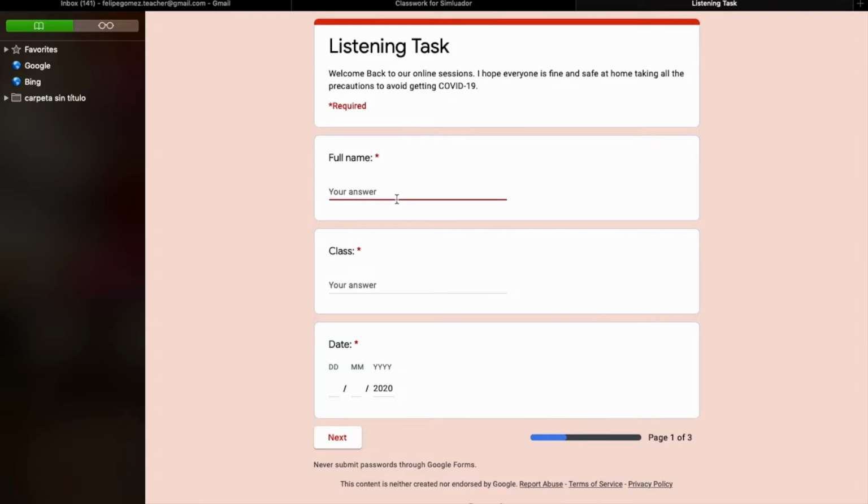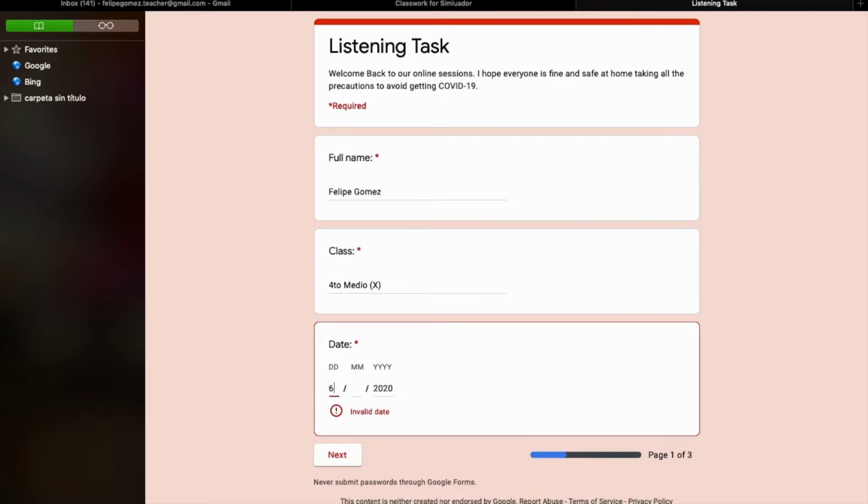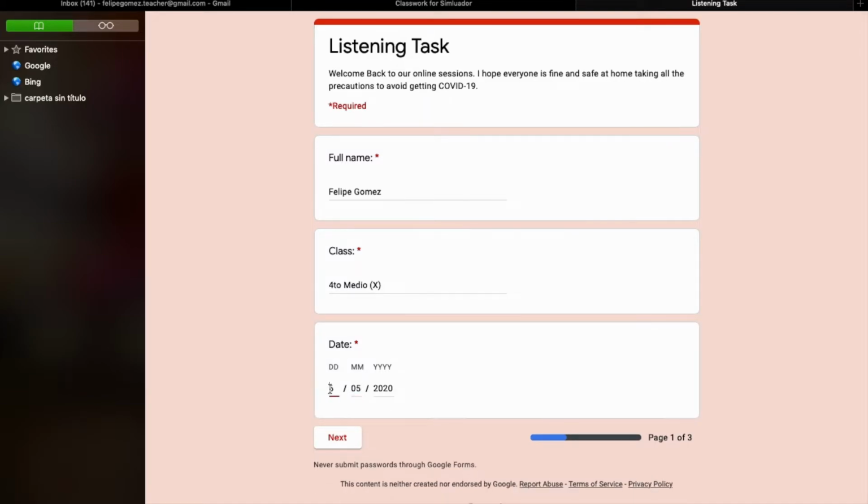So I need you to fill in the information that is required, your class, and then you add the letter. And what's the date today? Today is 6th of May 2020.